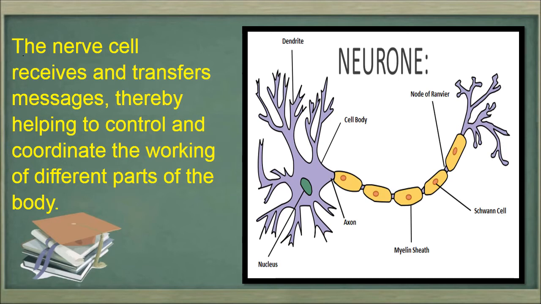The nerve cell receives and transmits messages, thereby helping in control and coordination, and it works in coordinating different parts of the body. So you can have a look on the structure of a nerve cell. It resembles just like a tree. It's the longest cell in a living body.